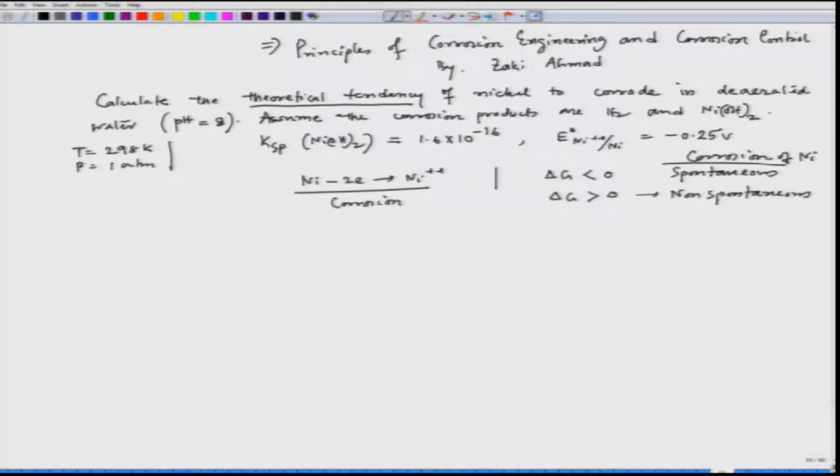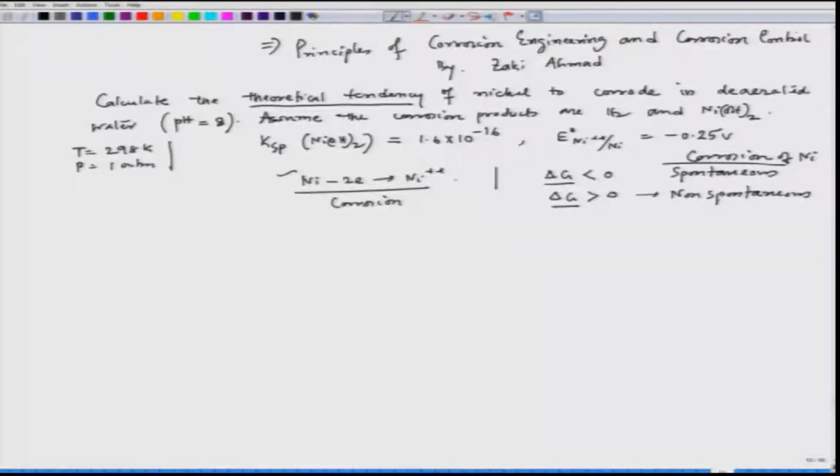Now, when we say the entire system, it is not for this particular reaction. We have to see the other reaction which takes place, because this is my anodic reaction. So, we have to have a cathodic reaction. The cathodic reaction is this.